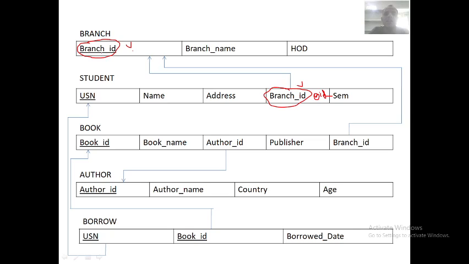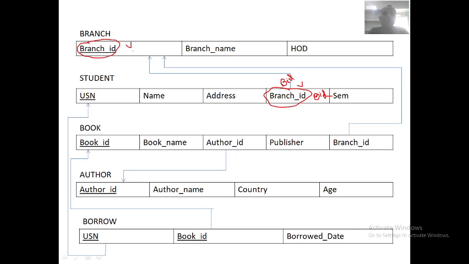This is branch ID, and here you can give it as a BID or branch number. The attribute name can be different. This is one of the important things. Is it clear now? Yes, sir.